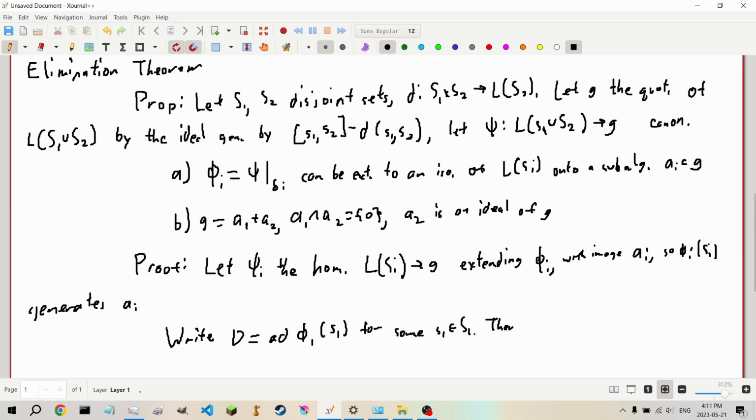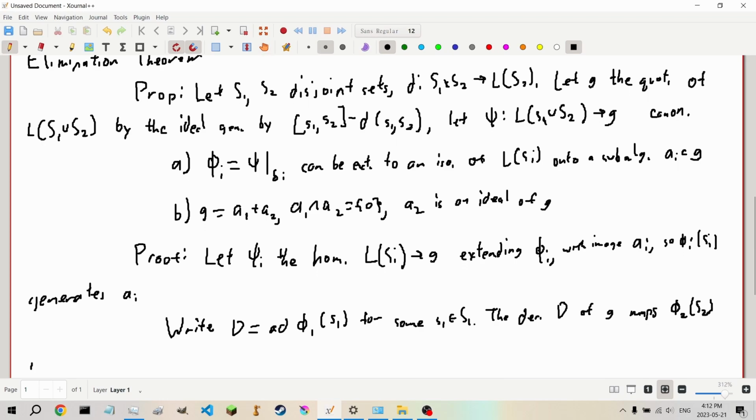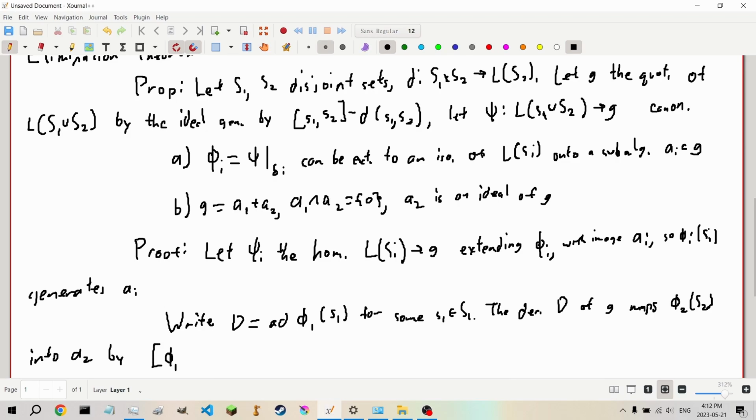The derivation D of G maps elements of phi2 of S2 into A2 by the relation that the bracket of phi1 of s1 and phi2 of s2 is going to be phi2 of d of s1 and s2.